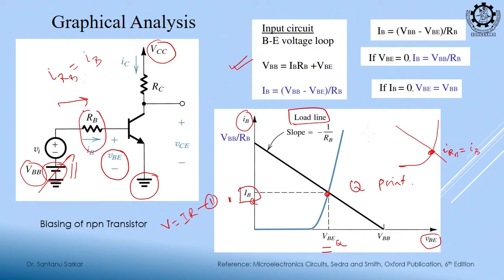So, this is the input side, right, and what is the expression? If I do a KVL here, suppose the AC voltage is not there. Okay. So, VBB is equal to the drop at this resistance, VBB is equal to IB RB plus the base emitter junction voltage. So, from this I can calculate IB, clear.